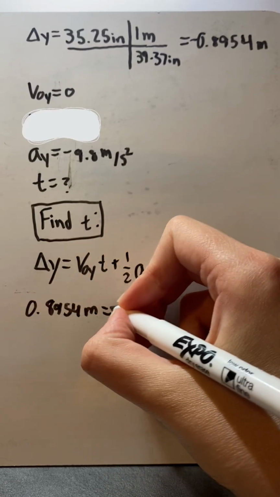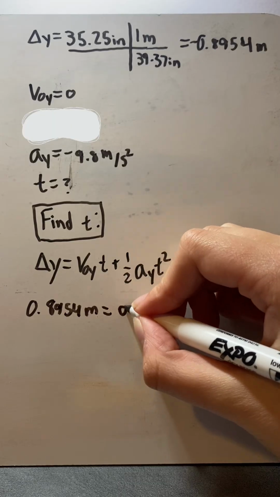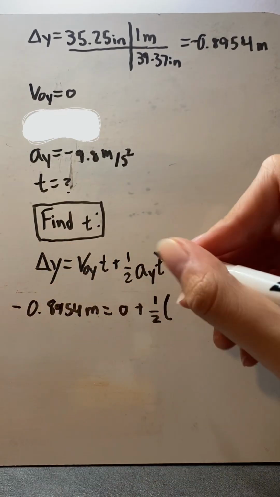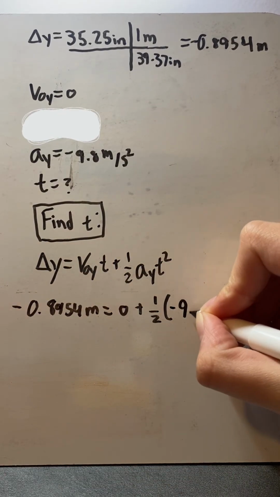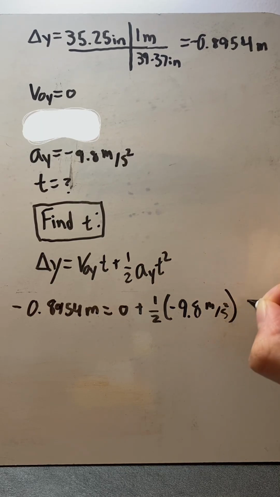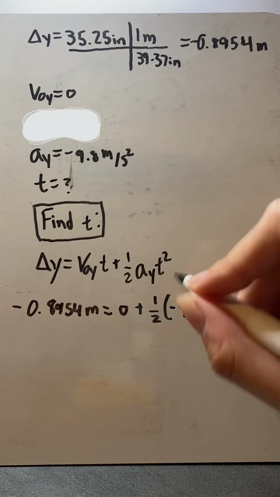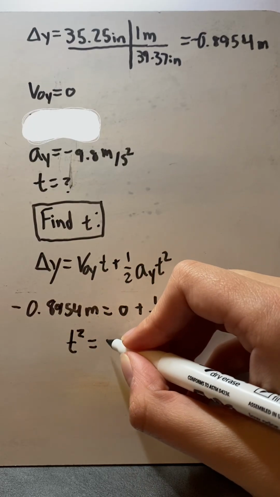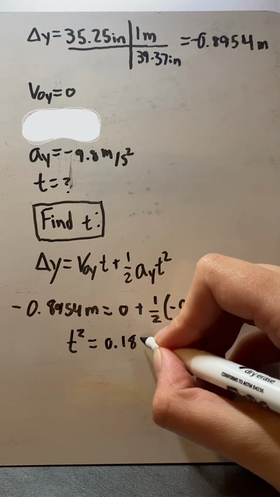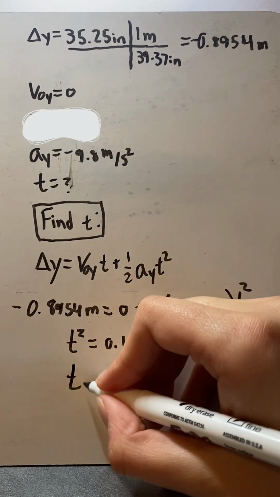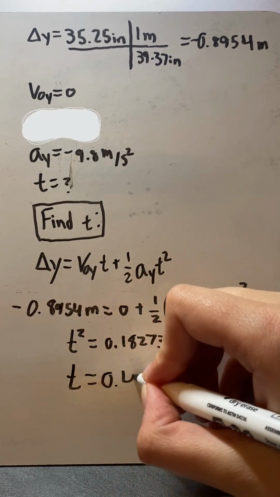Because the initial Y velocity is 0, the first part of the equation cancels out. This results in a time of 0.4275 seconds.